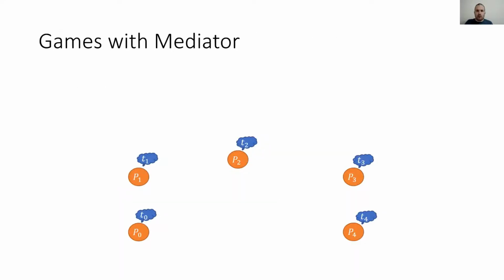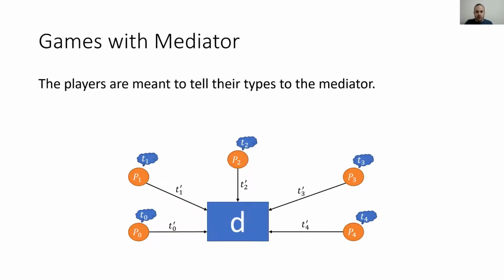Another game theory concept that can be useful in our work is a mediator. A mediator is a trusted entity that all players trust. So it starts like a regular Bayesian game. Each player gets a type. But here there is another phase where each player sends a type to the mediator. It should be the truthful type, but a rational player can lie about it.